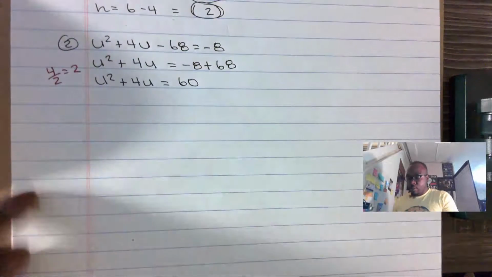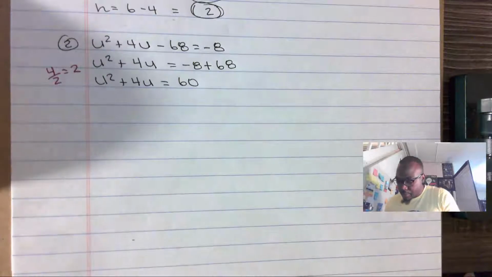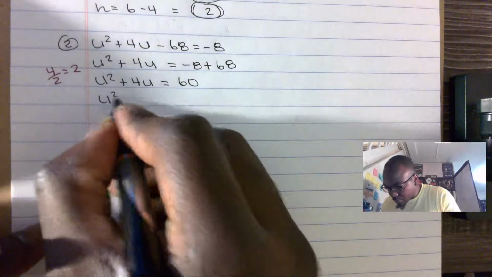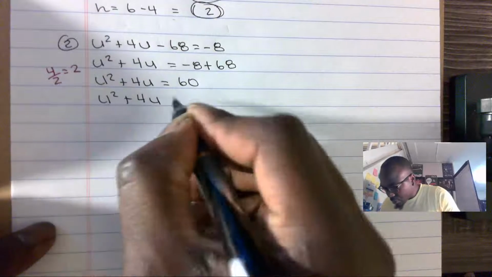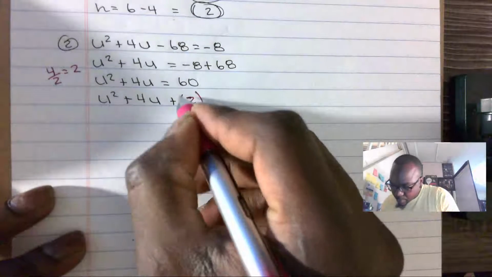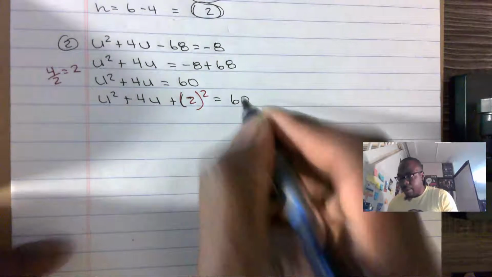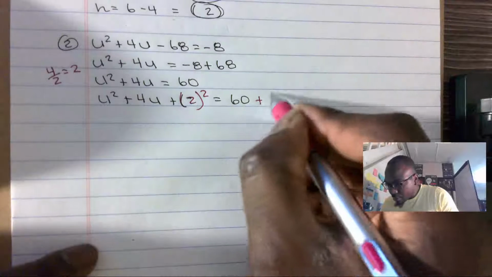So if I take 4 and divide it by 2, I'm going to get 2. So what I'm going to do with this 2 is I'm going to square it and add it to both sides. So I have u squared plus 4u plus 2 squared is equal to 60 plus 2 squared.